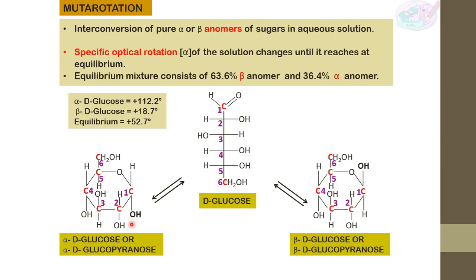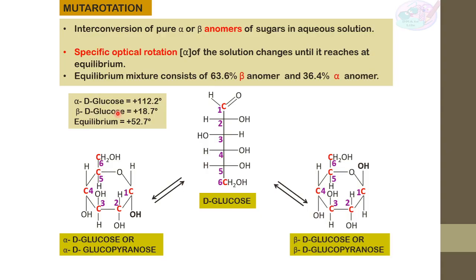So this conversion of one sugar form to another, like if you dissolve pure alpha, it will first open up and then convert to beta. This beta will open up and interconvert to alpha. This interconversion is called mutarotation. So how can it be measured? When you take pure alpha D-glucose, it rotates the plane polarized light to plus 112.2 degrees.